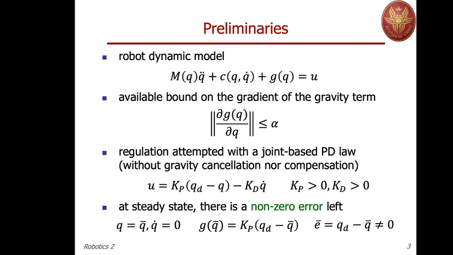So we have an error e bar, which is the difference between qd and q bar, and this is different from 0. Now remember that this steady state may be different in general depending on where we started and what type of proportional gain we are using. But anyway, whatever this steady state will be, there will be an error.